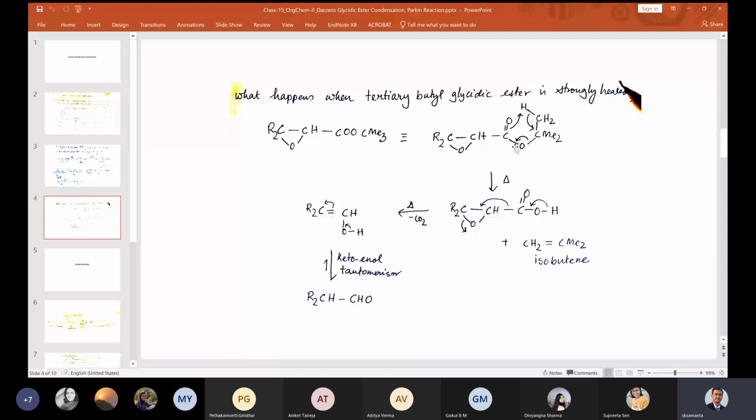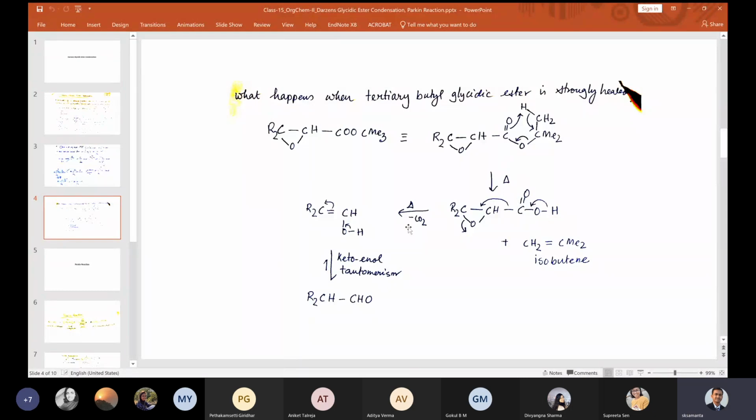So this picks up this proton, this comes here, and this comes here. So it forms basically a carboxylic acid. So this is your first elimination of isobutene. And in the second case, this again resembles your previous case where you just hydrolyze this tertiary butyl group. So then you get this carboxylic acid.